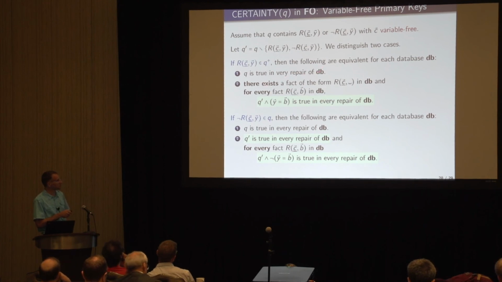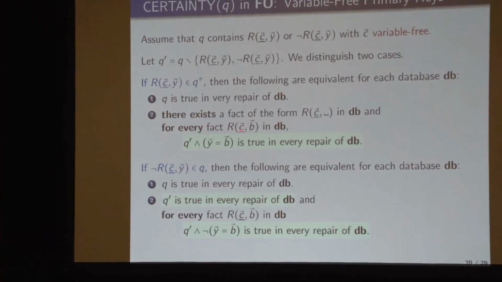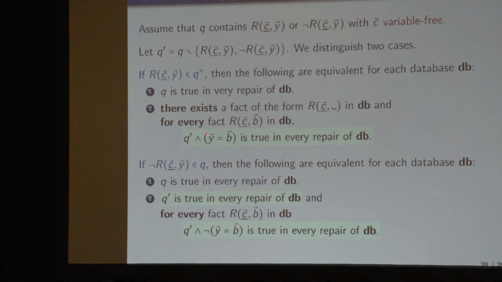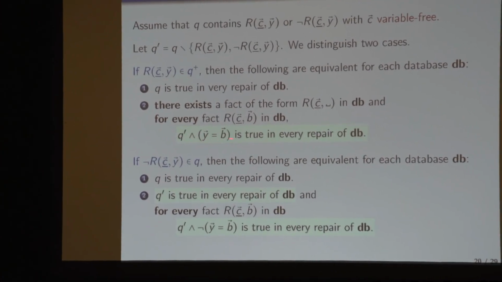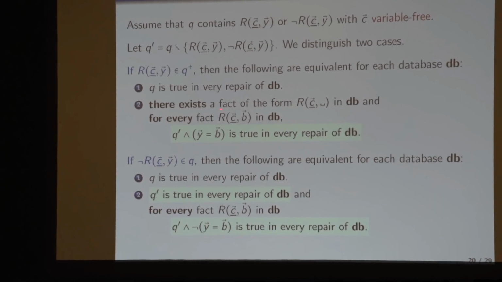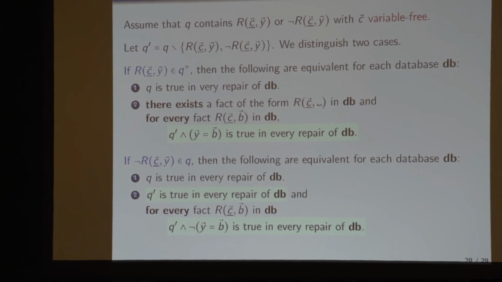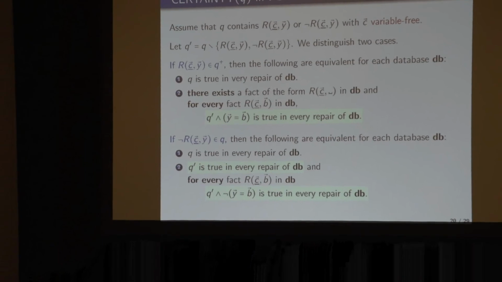There should be a fact of this form, a block whose primary key is C, and then for every fact in this block, it should be true that Q prime with y equal to b is true in every repair of the database. So somehow you test for a block, and then you have a universal quantifier running over all the facts of that block, right?